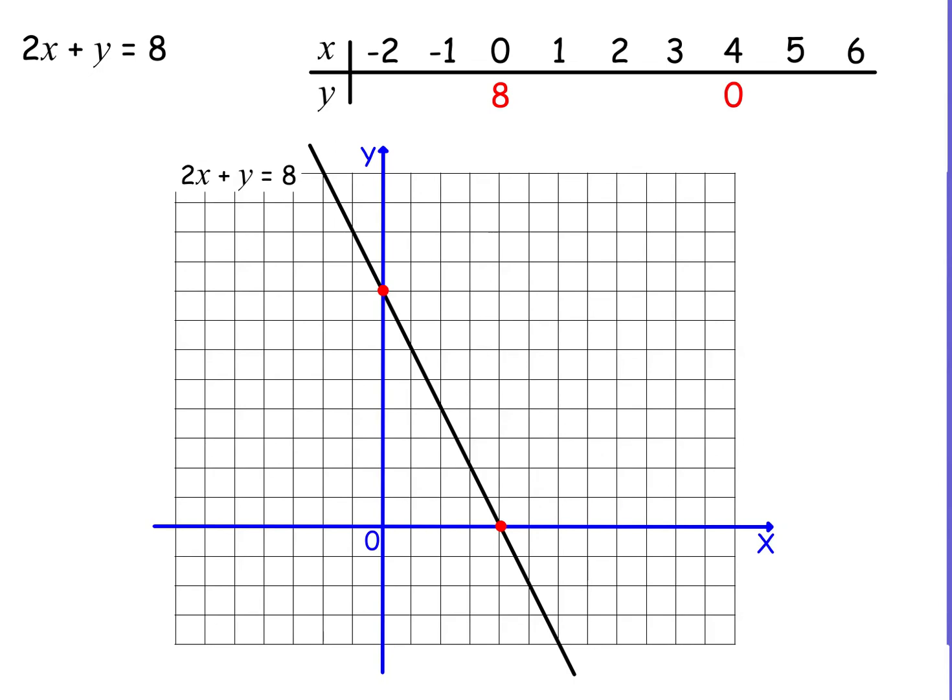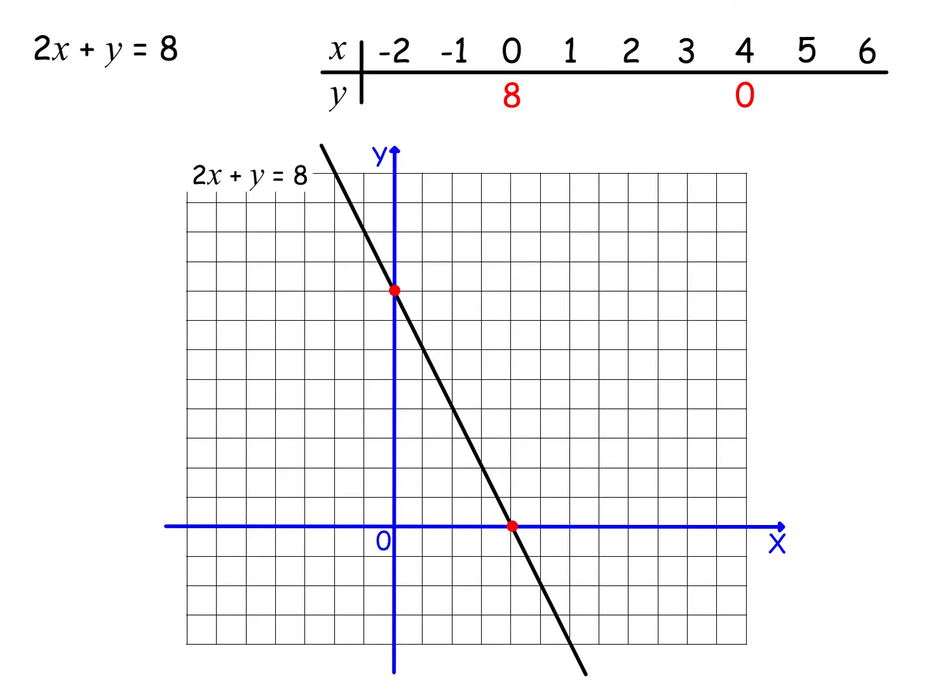So it's possible to quickly work out the two positions where the line meets the axes. Looking at this first equation, if you make x 0, that term disappears and y is 8.